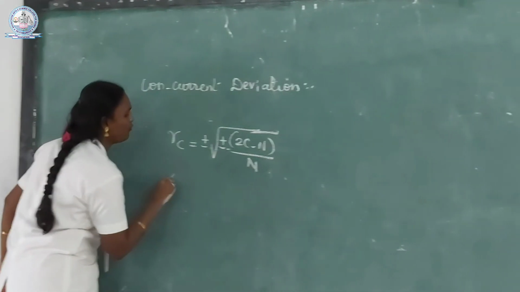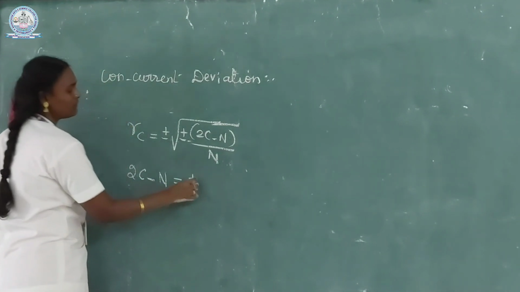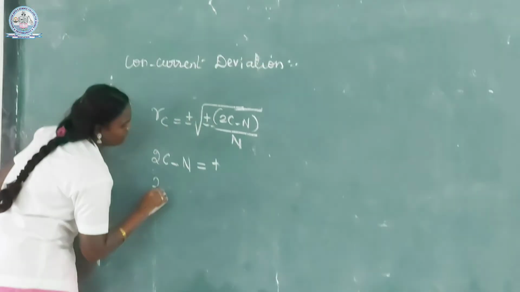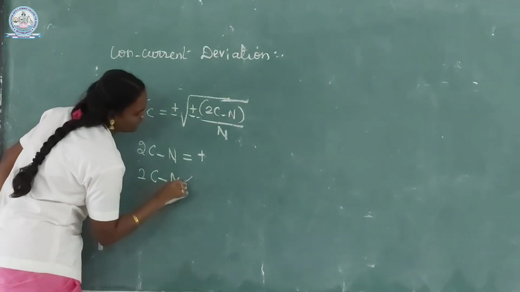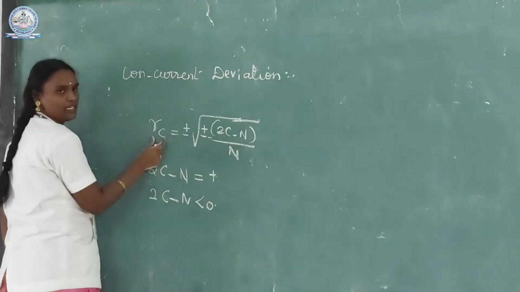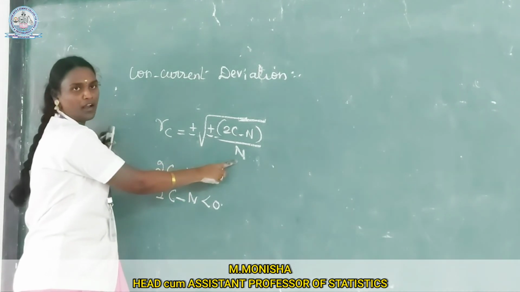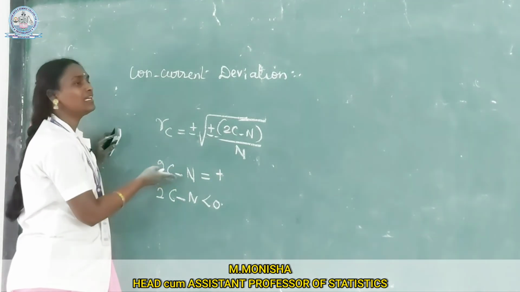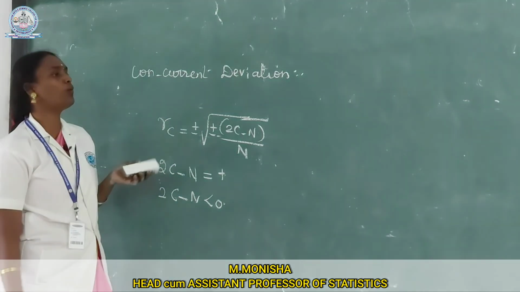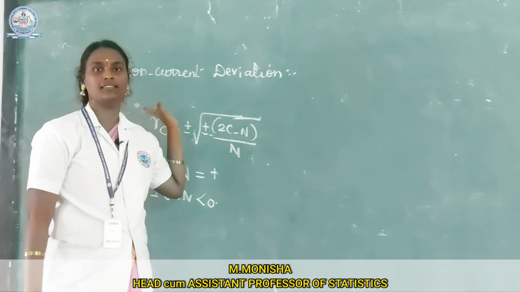When the value of 2c minus n is positive, we use the plus symbol in the formula. When the value of 2c minus n is less than 0, we use the negative sign in the concurrent deviation formula. Here n is the number of observations and c is the number of concurrent deviations. Only signs are used to find the value of correlation.